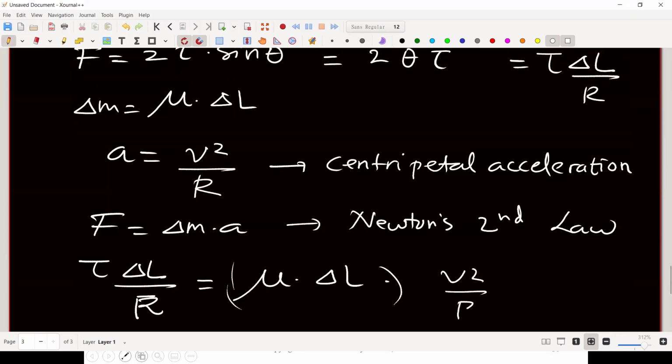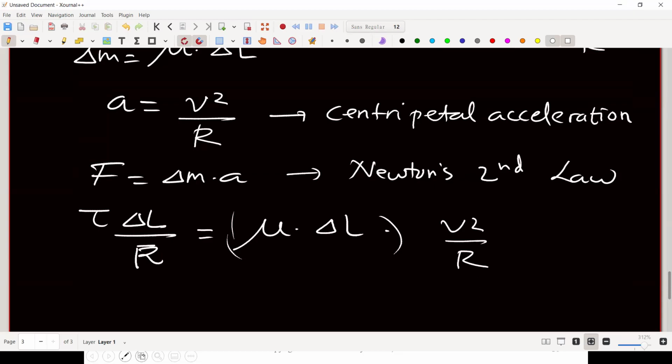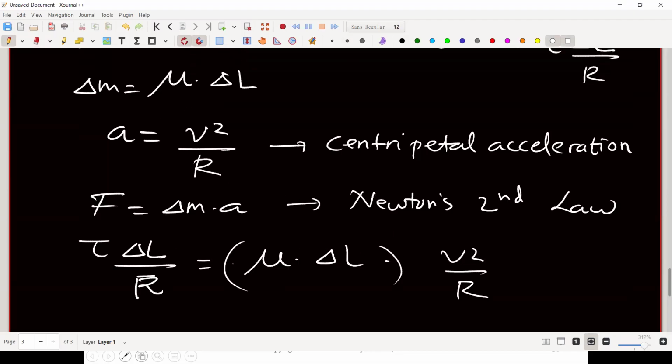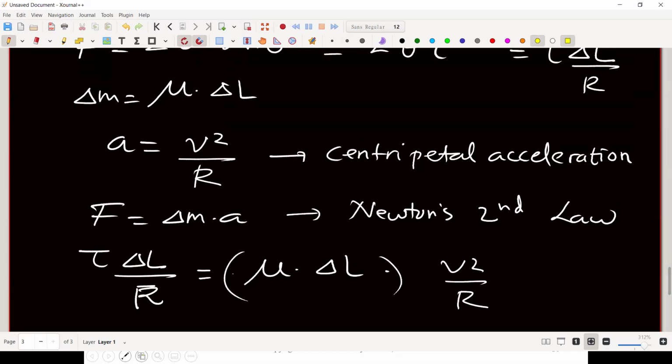V squared divided by R. So this one is force, this one is the mass delta M, and here is A, the acceleration.